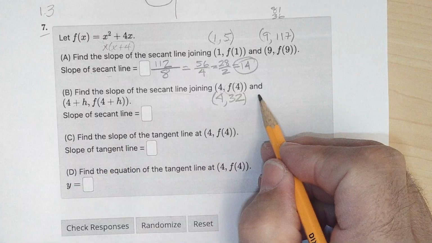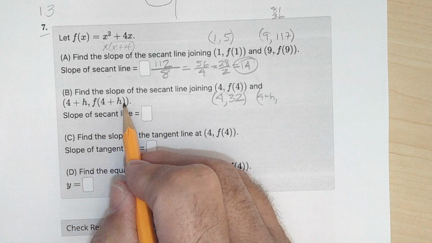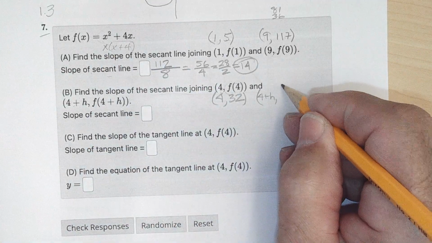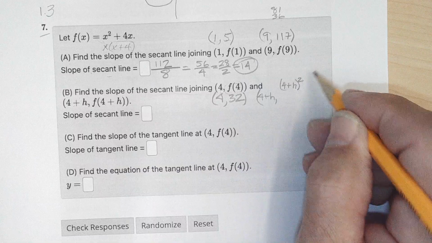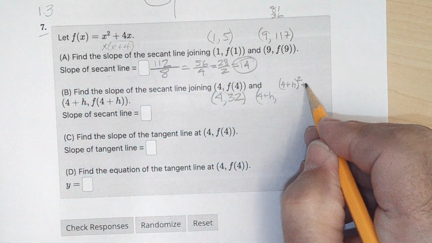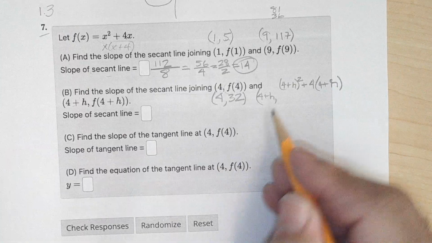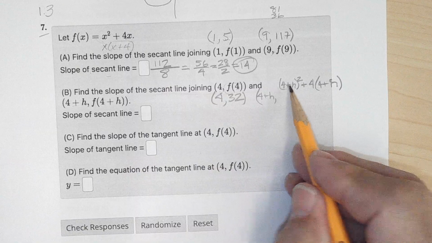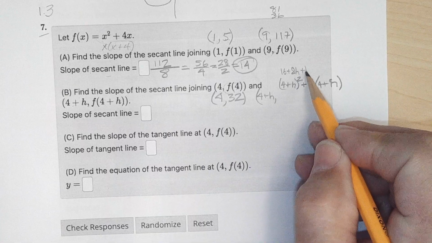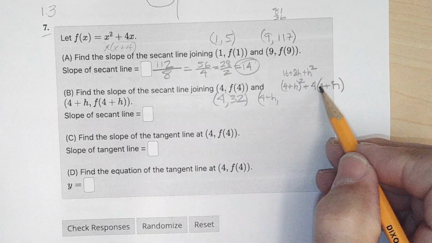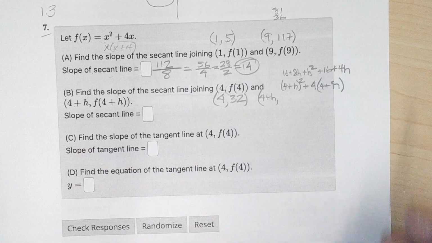And this is 4 plus h, and 4 plus h squared, that's 4 plus h squared plus 4 times 4 plus h. 4 plus h squared is 16 plus 8h plus h squared, and this is plus 16 plus 4h.